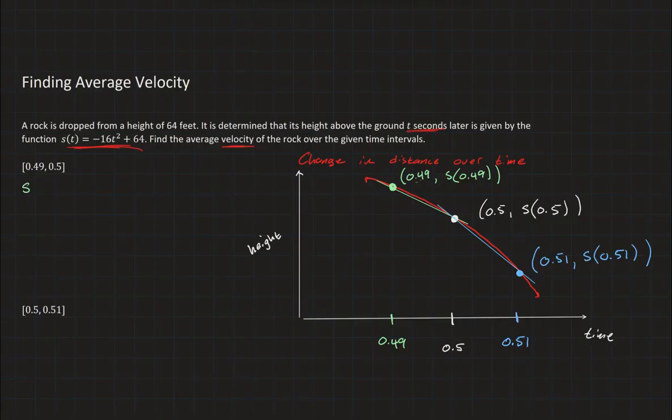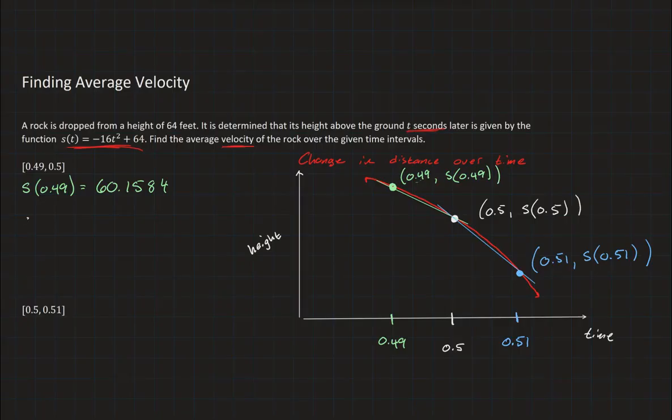So if I evaluate the function s of t at the point 0.49, what I'm going to get is 60.1584. In other words, if I drop the rock off of the height of 64 feet, whether it's a building or a mountain or whatever, and I measure the height almost a half a second later, I'm going to get about 60.15 or 60.2 feet above the ground.